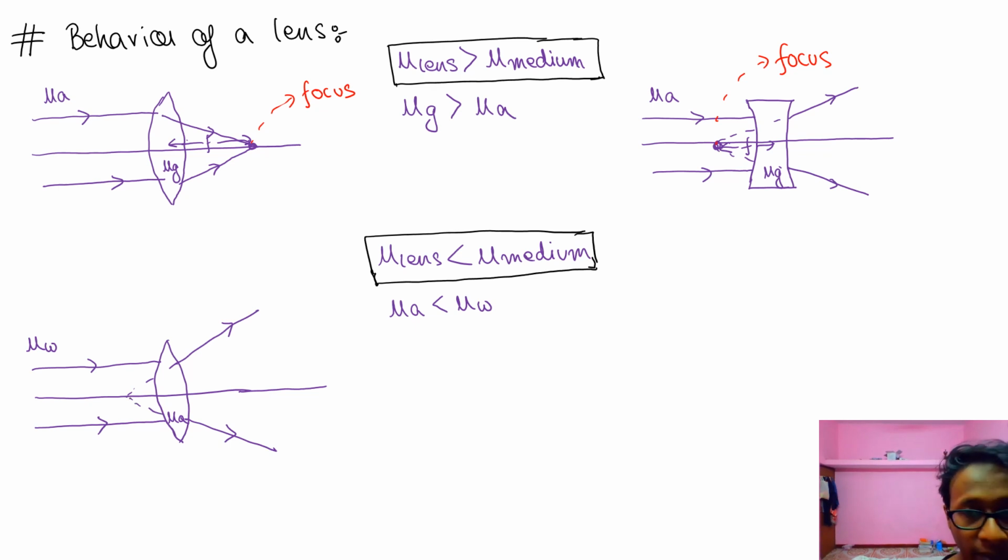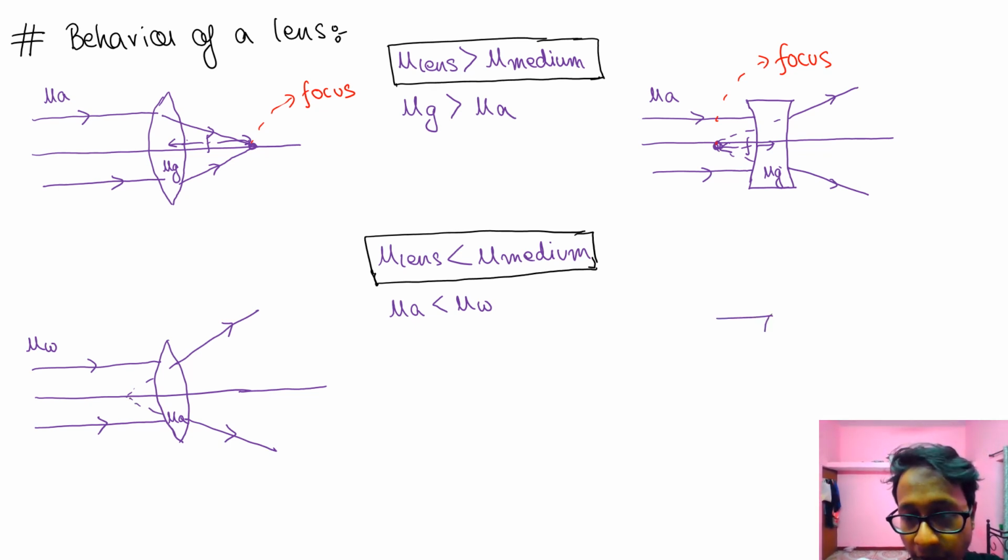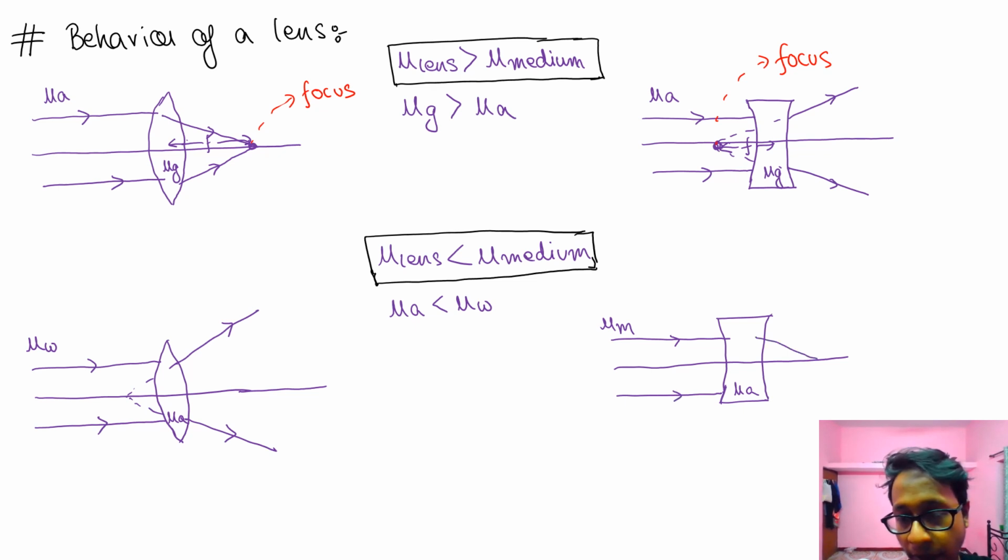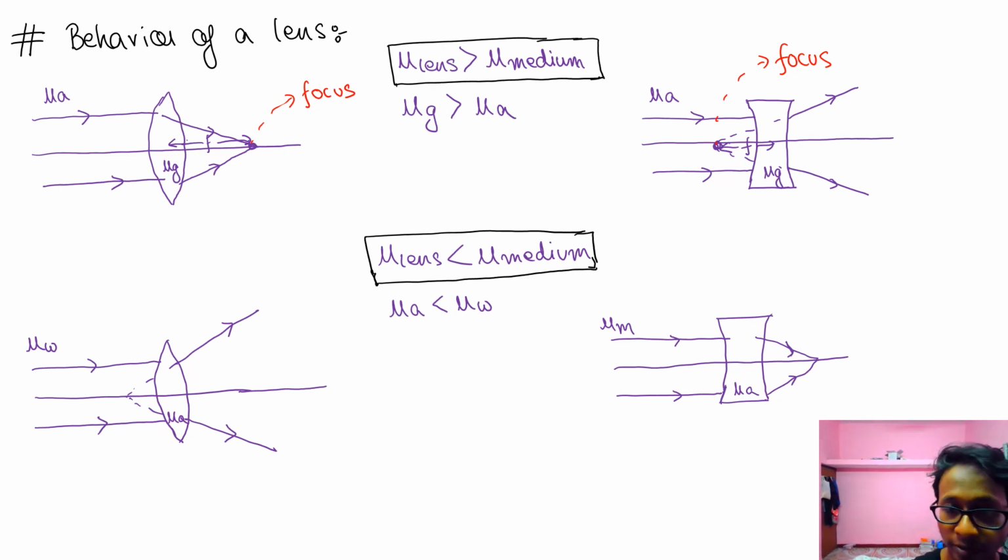And similarly, a concave lens, when the refractive index of the lens is much lesser than the refractive index of the medium, will behave as a converging lens. Okay, but the lens was made up of air and we are conducting our experiment underwater. Understood this part?